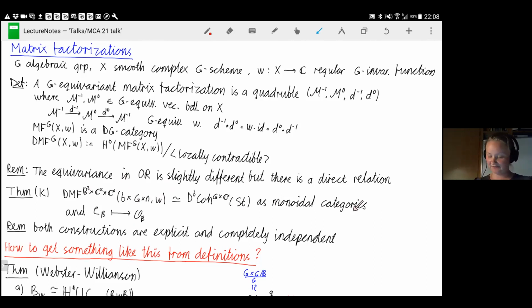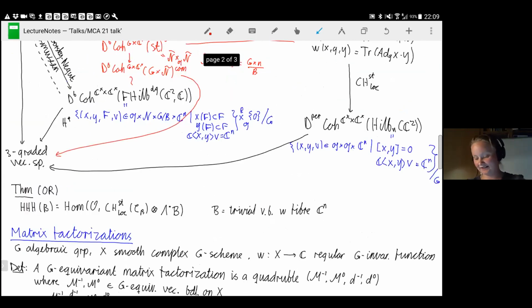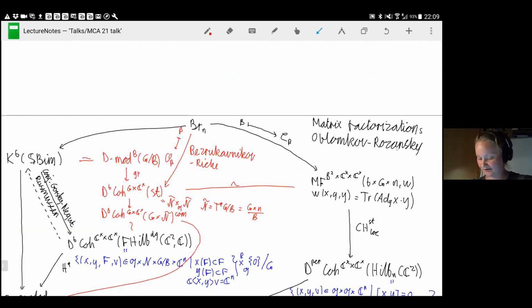This is a direct consequence of a paper I had with Zagaripov. The interesting thing is that this is a monoidal equivalence, and the braid group action that Oblomkov and Rozansky constructed using their fancy string theory is exactly the same as Bezrukavnikov and Riche constructed by completely different means.